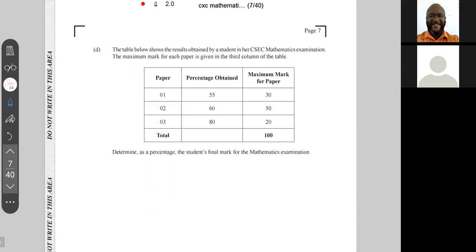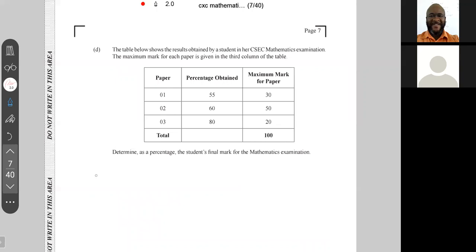We have the percentage the person obtained, and we have the maximum mark for every paper. We're to determine as a percentage the student's final mark for the mathematics examination.